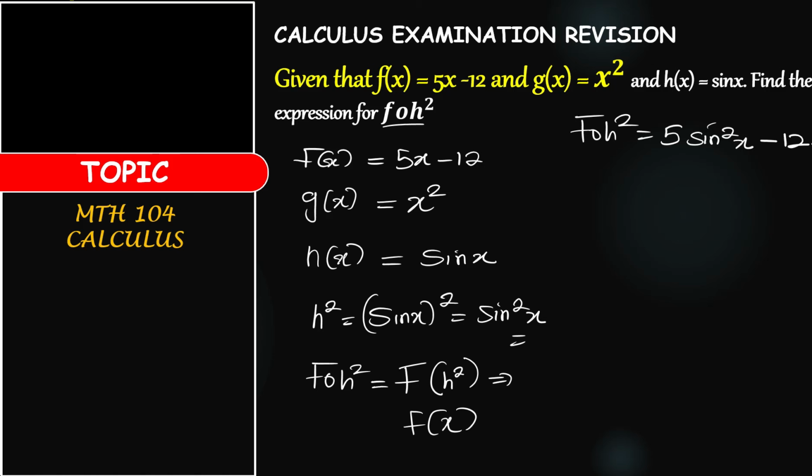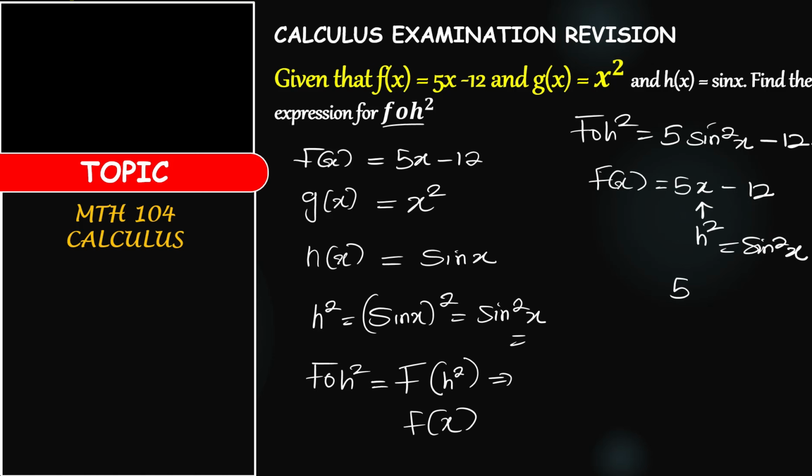Are you getting it? Wherever you see x in f of x, put h squared, which gives 5 sine squared x minus 12. Or you can write f of x out, which is 5x minus 12. Wherever you see x, put in the value of h squared, which is sine squared x.